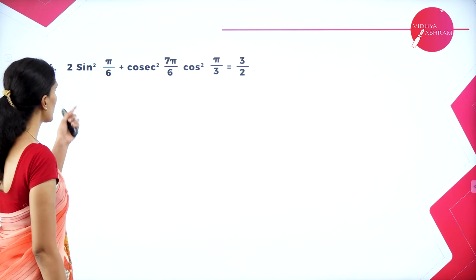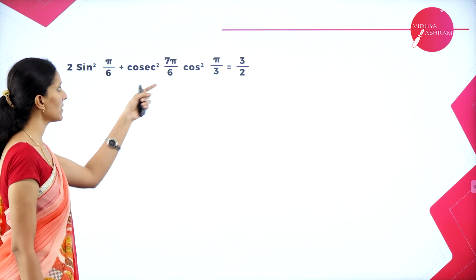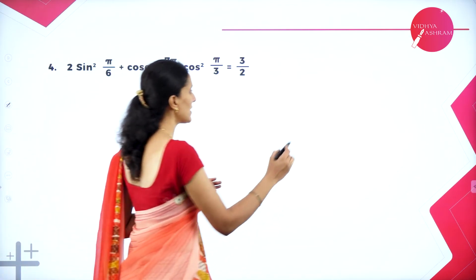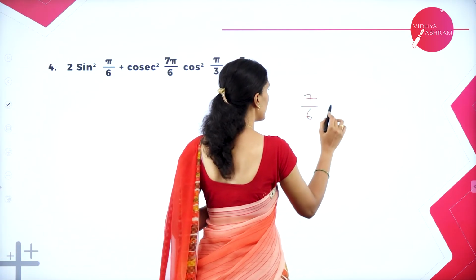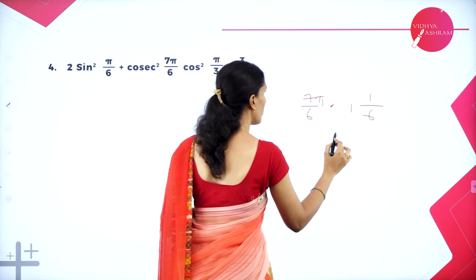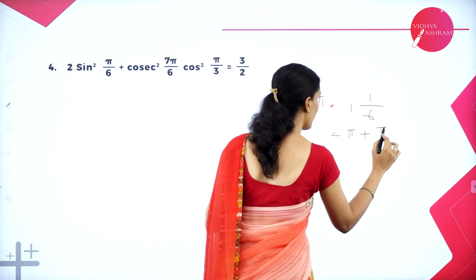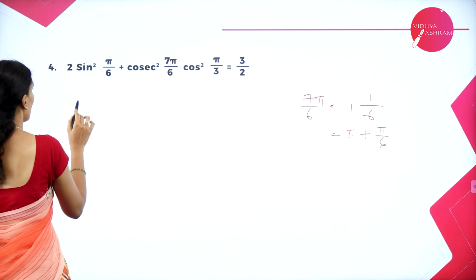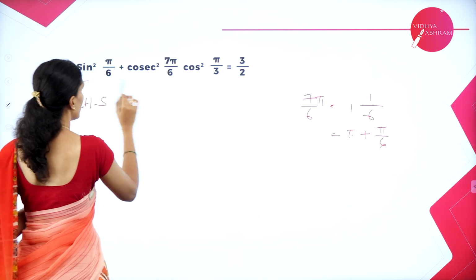Next we have 2 sine square pi by 6 plus cosecant square 7 pi by 6 into cos square pi by 3. So when you have 7 by 6, take it as 6 ones are 6, remainder 1. 7 pi you can write as pi plus pi by 6. So therefore, consider the LHS, only this part.